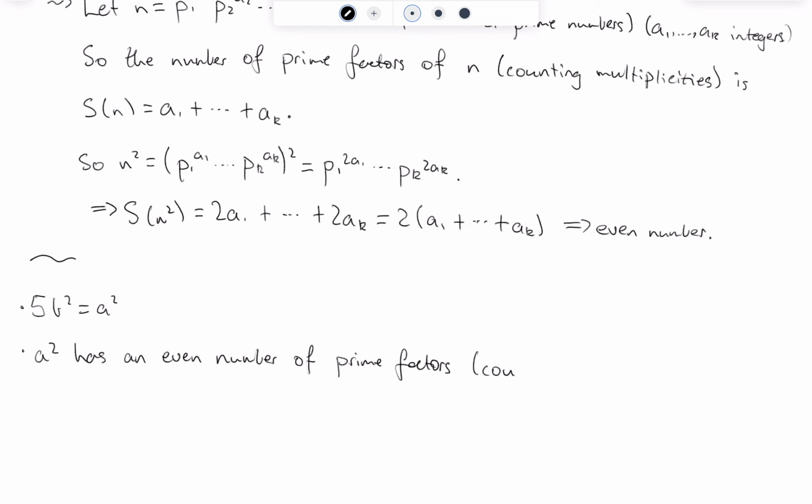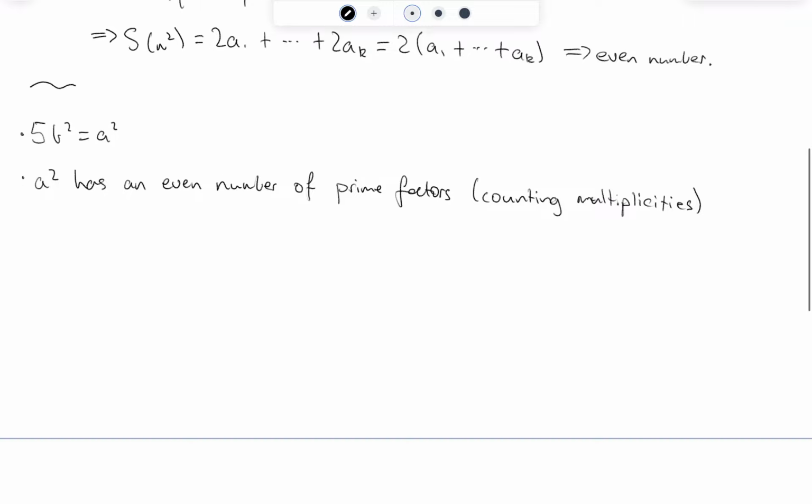Of course, counting multiplicities. So what this means is S, as we've defined it earlier, of a squared is even.